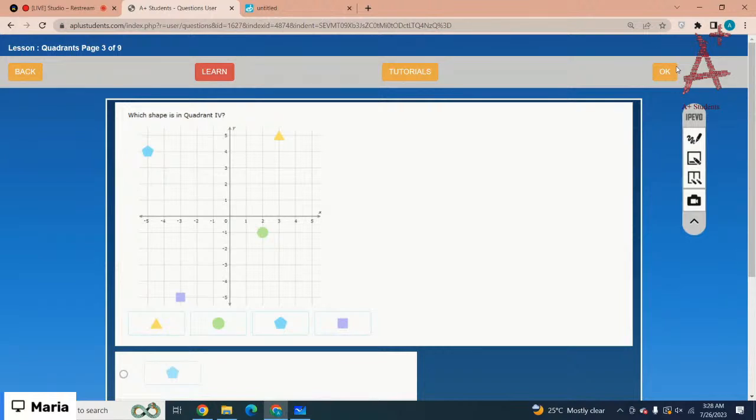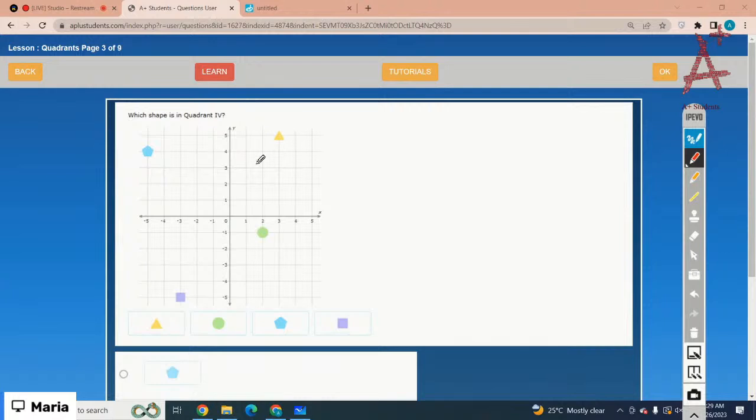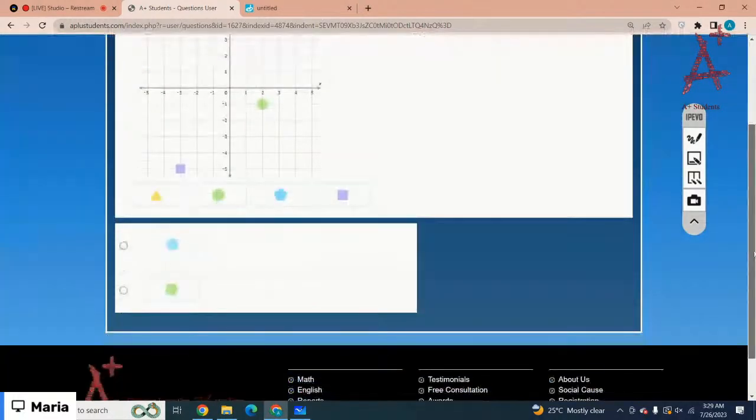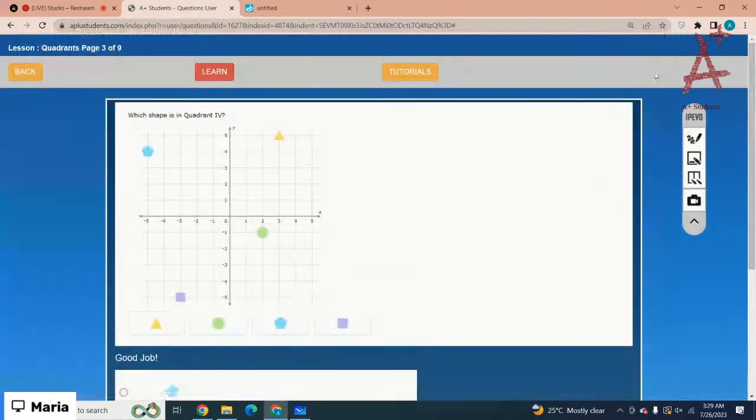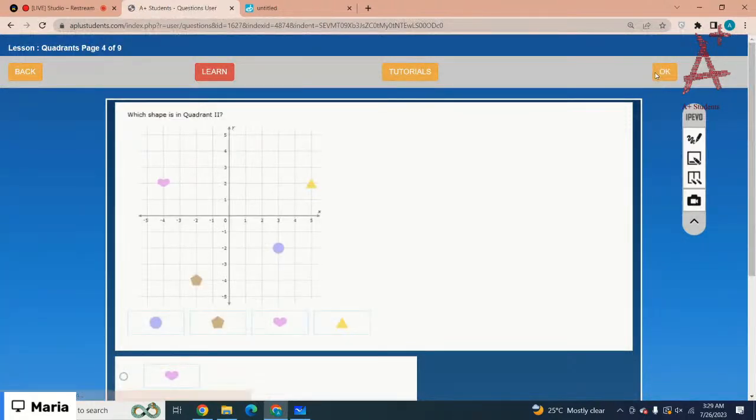Which shape is in quadrant 4? So which is the correct option? This is 1, 2, 3, 4. So in quadrant 4, you have the circle. So the correct option is a circle. Which shape is in quadrant 2? Which is the correct option?